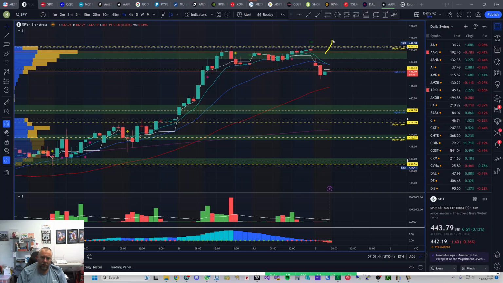I'll probably be getting in with a couple of contracts for it to break down with a very tight stop at $445. That would be my stop area. So that's my rejection area I'm watching. It's a higher risk area because we are quite close to it, so wait for confirmation as per the volume.